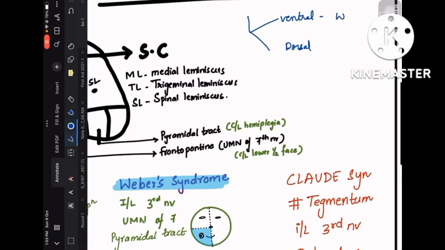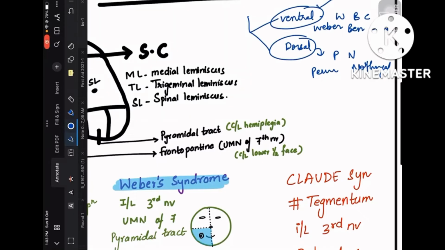Ventral midbrain syndromes are WBC, that is Weber's, Benedikt's and Claude's, whereas dorsal is P and N, that is Parinaud and Nothnagel. So these are the two important divisions. WBC in the ventral and P and N in the dorsal.